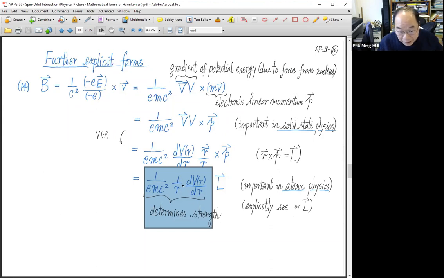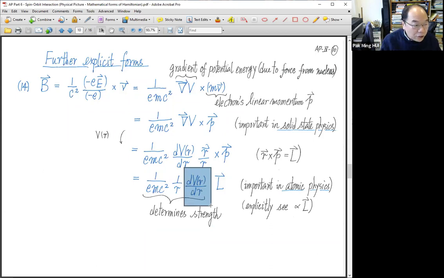And then it is how rapidly the potential energy function is changing with r that matters. This dV/dr will determine the prefactor. How big is that? Or how weak will be the internal field, all right? And then at the end, it is proportional to L, okay?